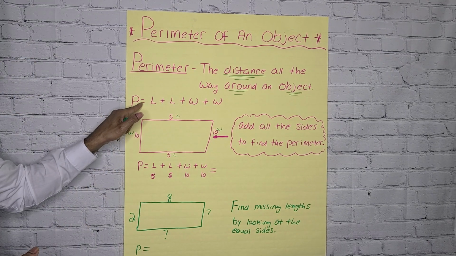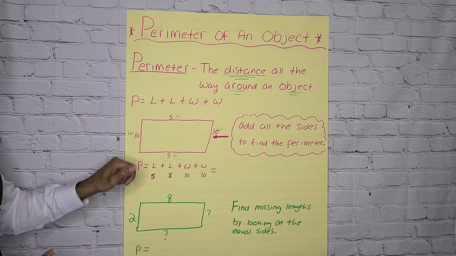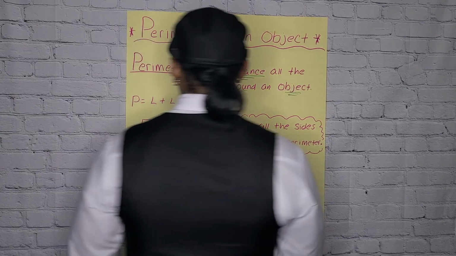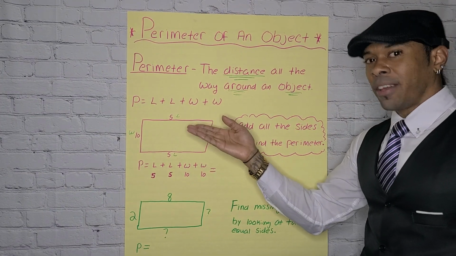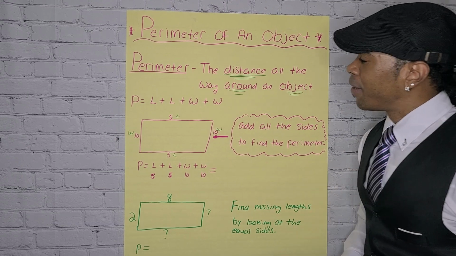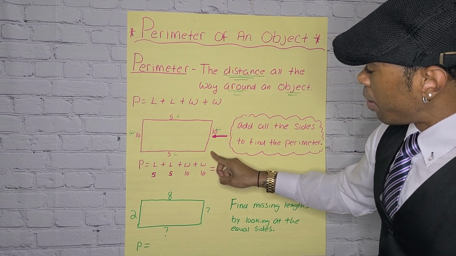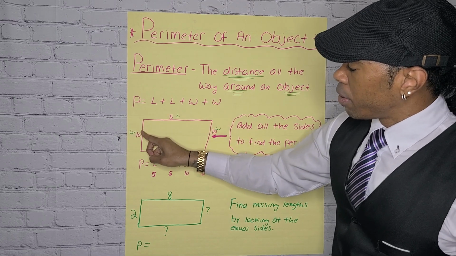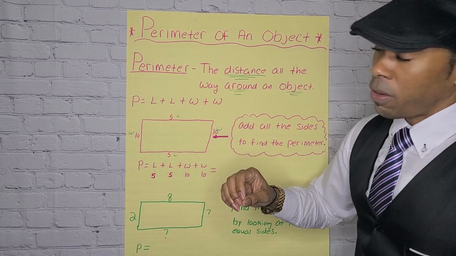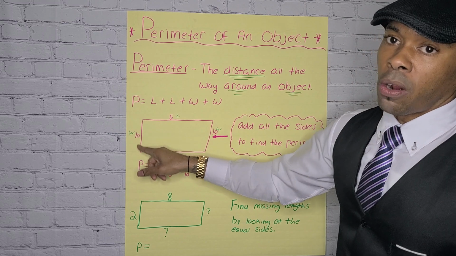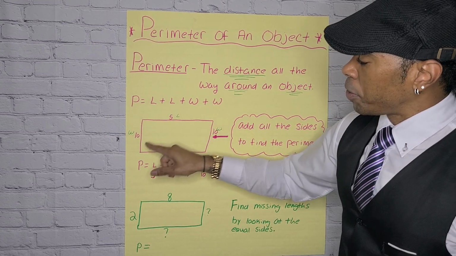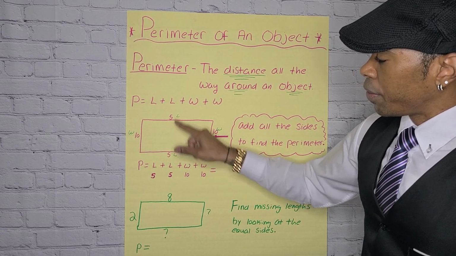So perimeter is equal to length plus width, okay? I have the rectangle already drawn out for you. Now I want you to pause the video and draw your rectangle and label each side with your numbers.